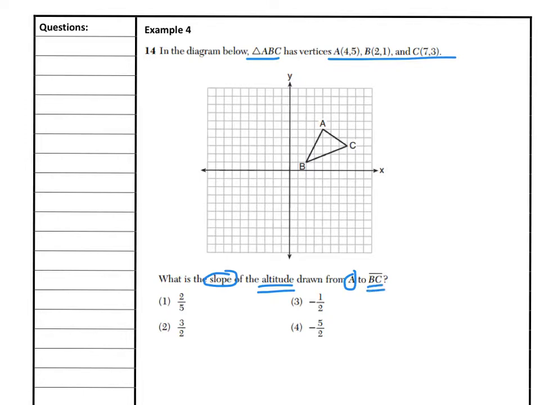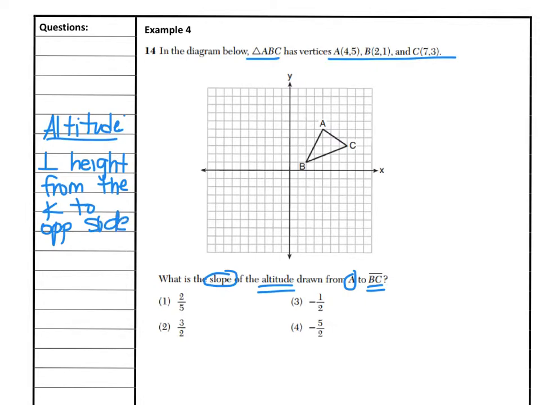Okay, so I just want to make a quick note over here because we haven't talked a ton about altitude yet. So definition is the perpendicular height from the vertex, so from the angle to the opposite side.